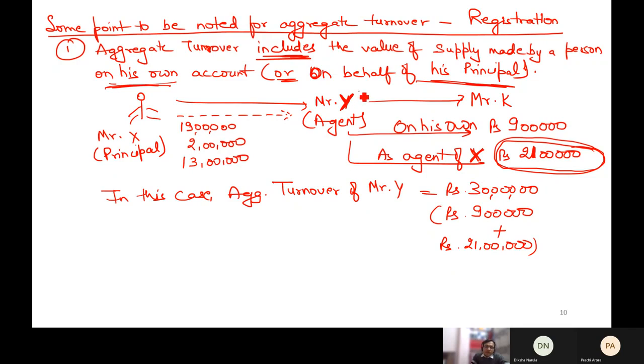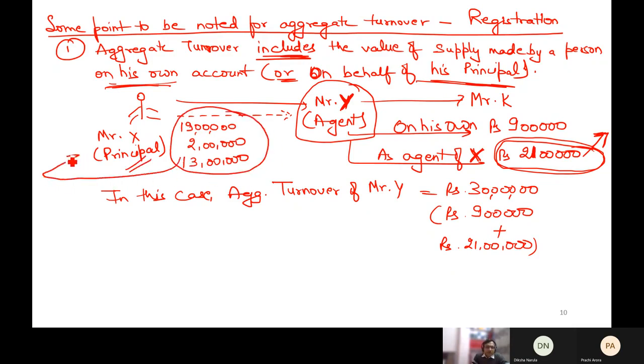But one thing is clear: if 21 lakh has come from here, whether in a single lot or other lots, that will be included in his supply also. These values will be included in his supply also. When this 21 lakh supply was transferred from principal to agent, at that time it would have been included in the principal's aggregate turnover also. Point clear or not?